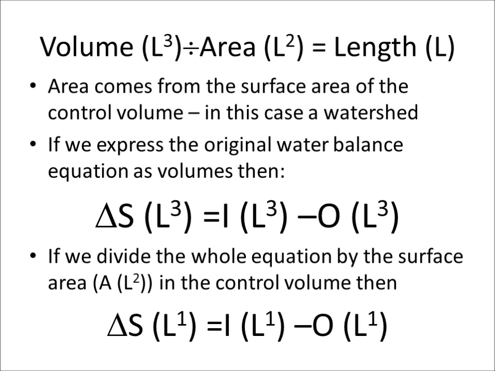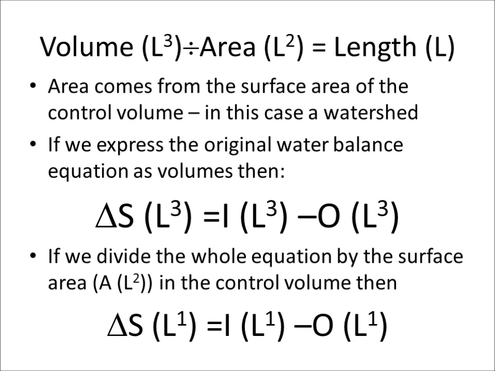It doesn't always work for every kind of water balance analysis, but in this case when we talk about a watershed, we're talking about the watershed being the surface into which inputs go, out of which outputs like evaporation and transpiration go. And we can express the water balance on the surface of the control volume, our watershed, in terms of units of length, if that's the surface area of interest.